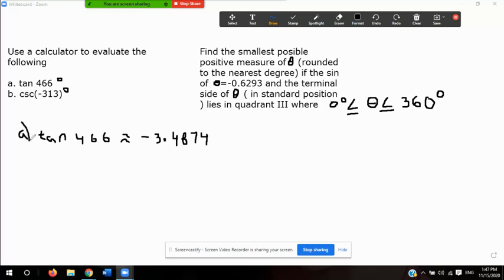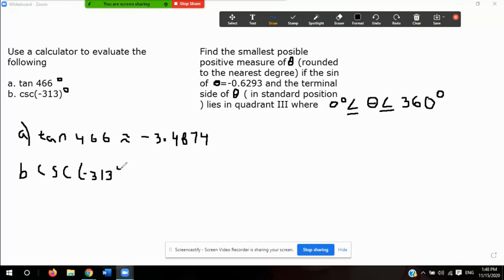Now, what do we do for example 9B? Example 9B is asking me to find the cosecant of negative 313 degrees. Obviously, in your calculator you do not have a button to find the cosecant directly, which means that you have to use the inverse functions or the identities that we've used throughout this course.